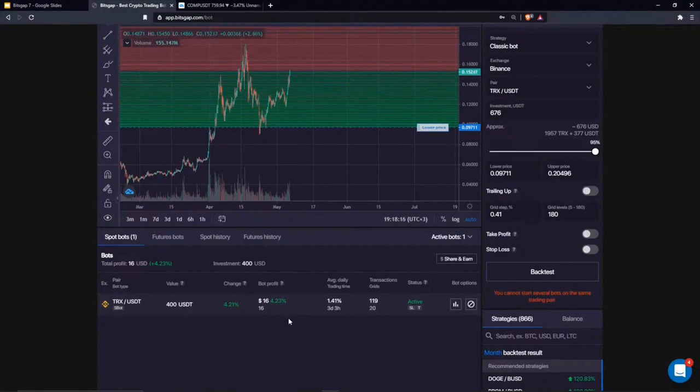So that's the cool thing about Bitsgap, that we actually take the fee into account, so that the data you receive here, the visualized one, is transparent, and you don't have to go to Binance or wherever you're trading, maybe OKEx, maybe Huobi, to check whether or not this profit is legit and it really is the actual return that you generated. which is, by the way, the case for some other platforms that do not actually calculate the fee, and the return they display as a final one is actually exaggerated.